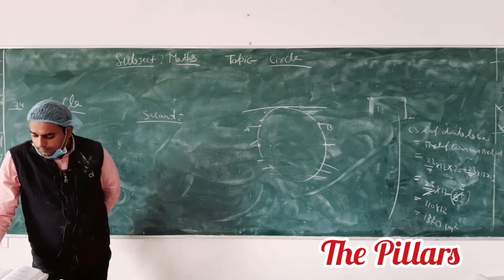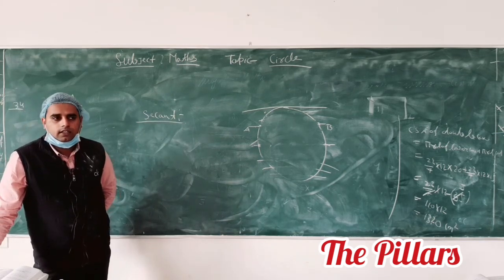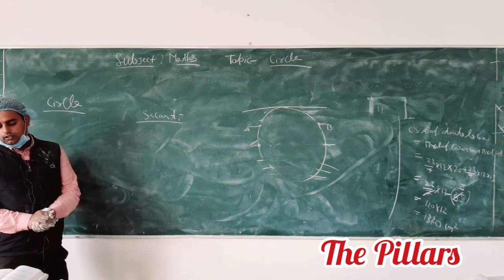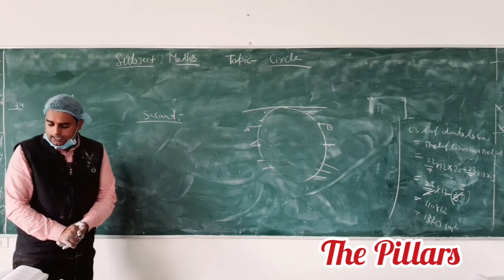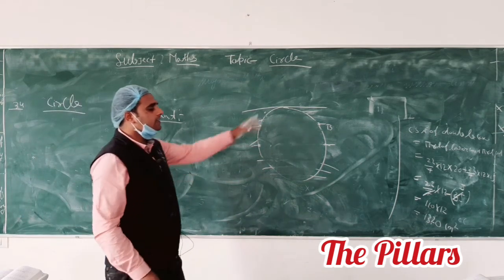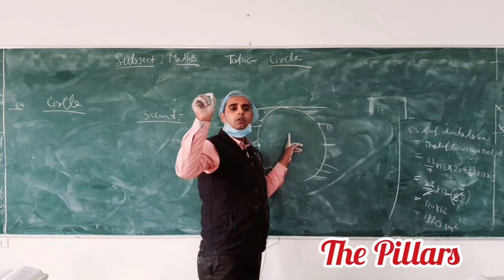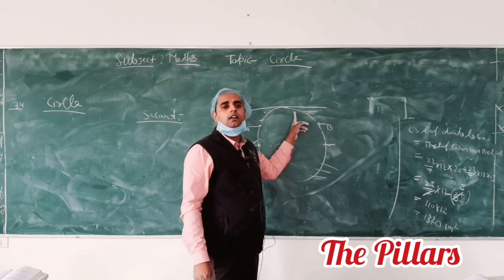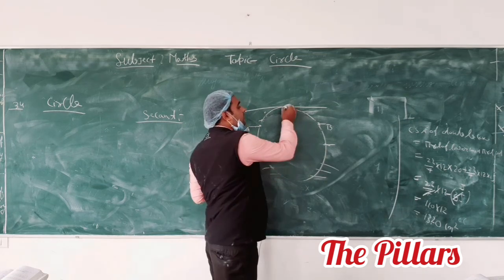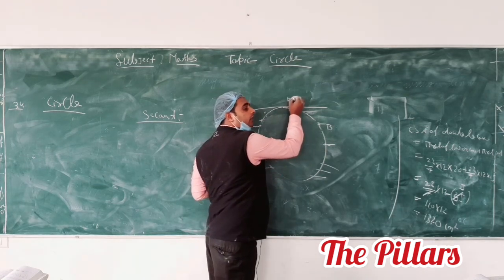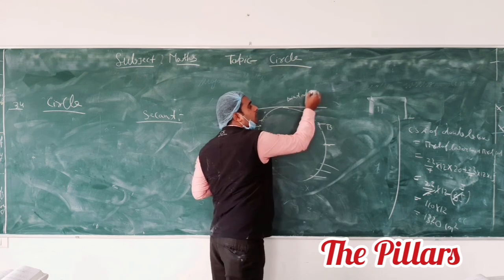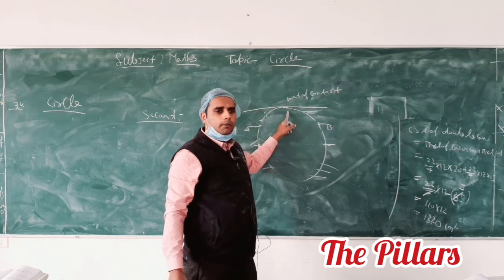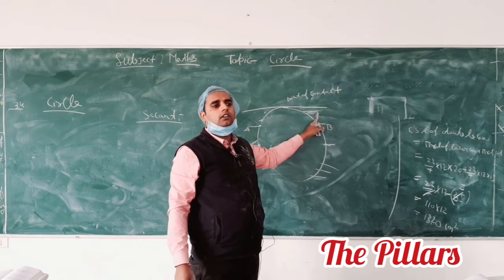It means if a line intersects at one point, it has touched only one point. This line is said to be the tangent, and this point is said to be the point of contact.